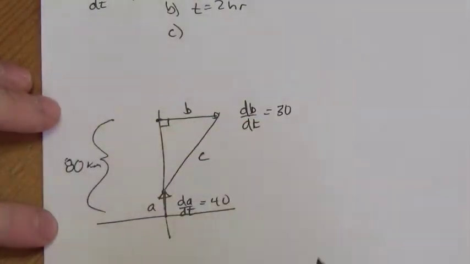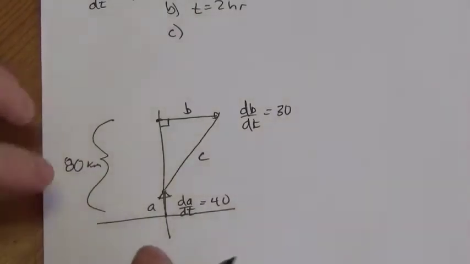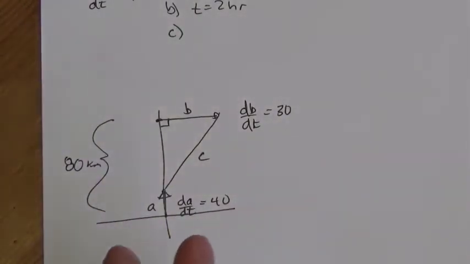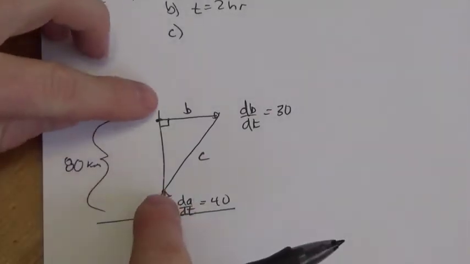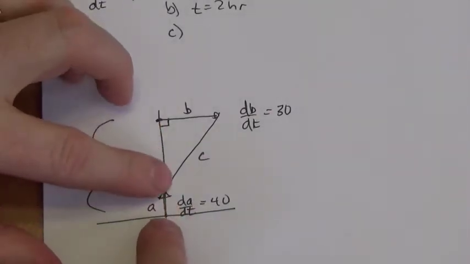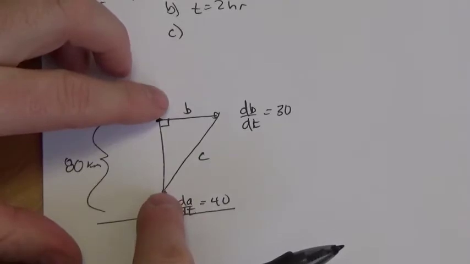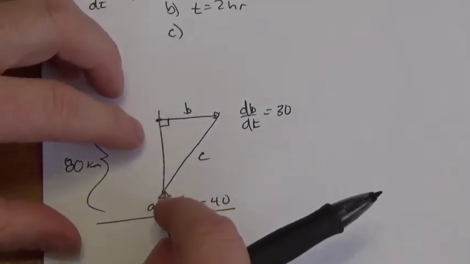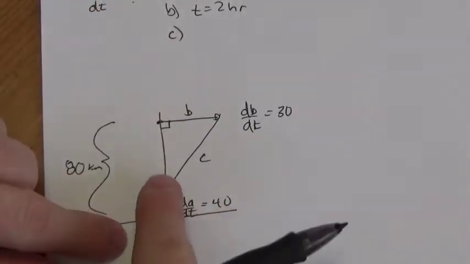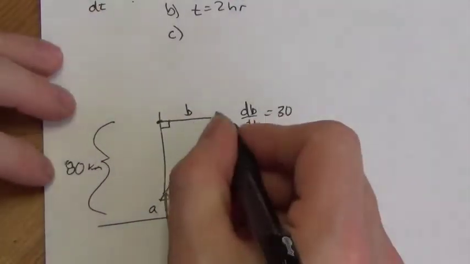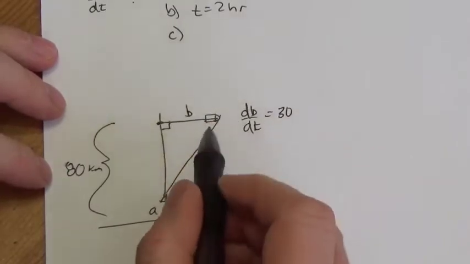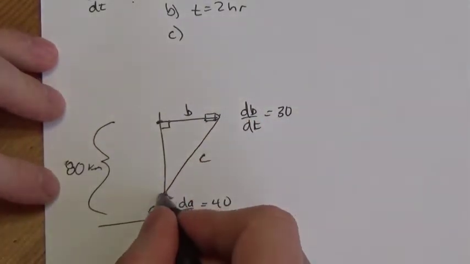Now, here's the thing. I would love this to be a squared plus b squared equals c squared, except that that distance there is not A. That's A, not that. The car is coming up this way. If you want to think of it like this, one car is kind of within the triangle, and this one isn't.